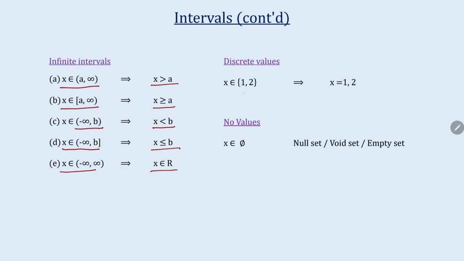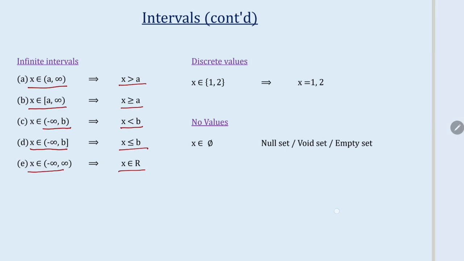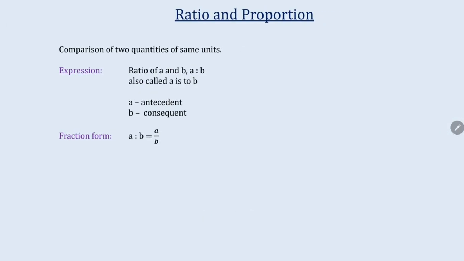So x belongs to curly braces 1, 2 means x equals 1, 2. So x can take only these two values, 1 and 2. Now there is an interval where there is no value, so x belongs to phi. This is called null set, void set or empty set, meaning there is no value which exists for x. Thank you.